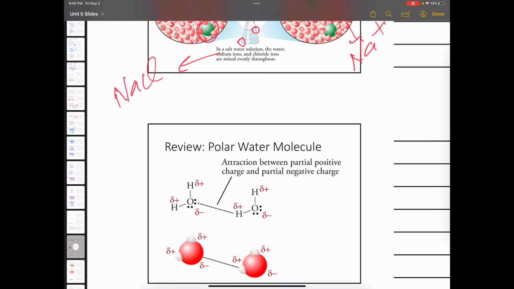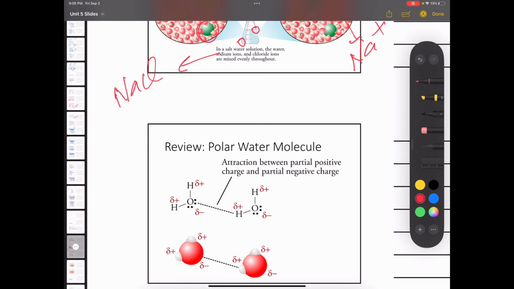Okay, when it comes to solubility in water, I think water is a pretty incredible molecule. The way that it behaves, and the way that it basically dissolves ionic compounds in general, is because of its unique polar covalent bond. Now, if you remember back when we talked about covalent bonds, there is the polar and there is the nonpolar. And when we talked about the polar, I want to focus on this one because water is a polar molecule.